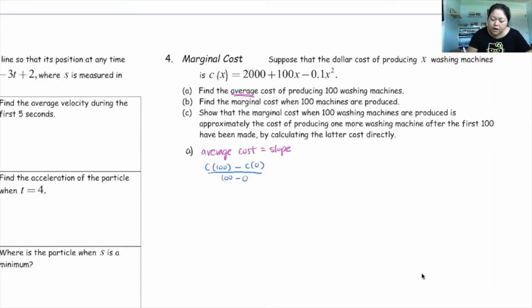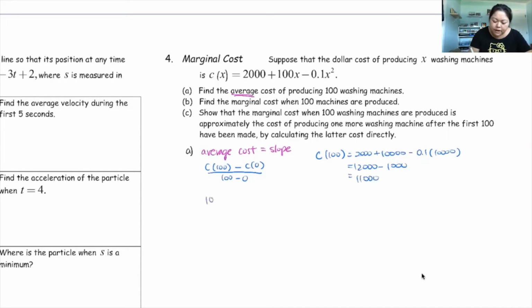All right, so first let's calculate the cost of 100 machines. It is 2,000 plus 10,000 minus 0.1 times 10,000. So that's 12,000 minus 1,000, which gives me 11,000 for 100 machines.